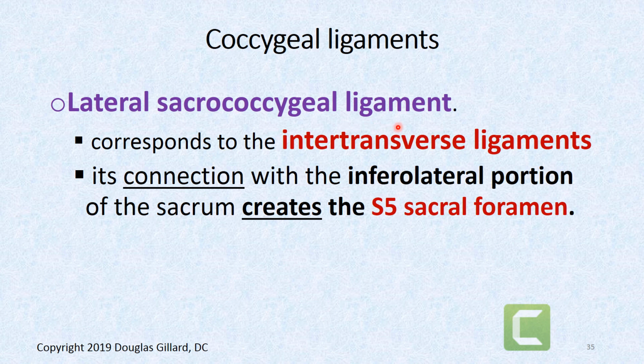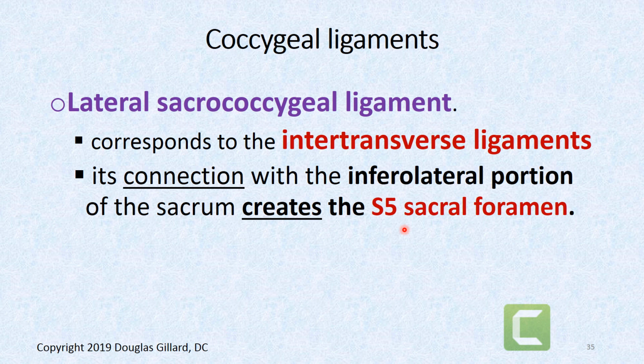Then we have the lateral sacrococcygeal ligaments. We've talked about those already, but not really, so let's finish talking about them. They have a cousin in the lumbar spine, the intertransverse ligaments, so they're akin to that, which are lateral. The key with those is they make the S5 sacral foramen.